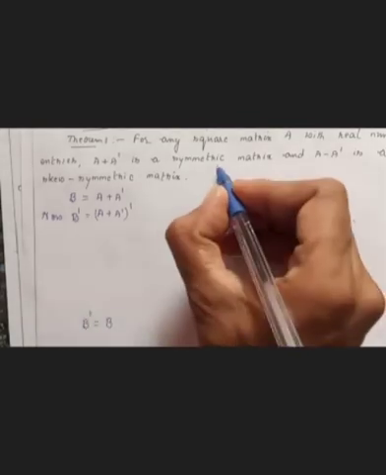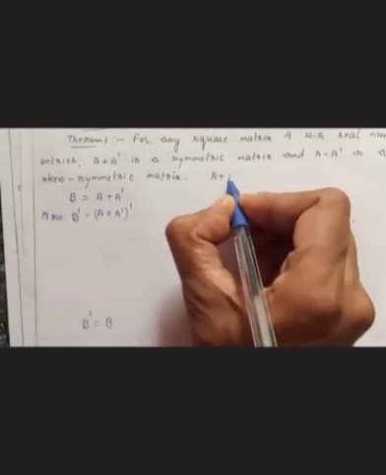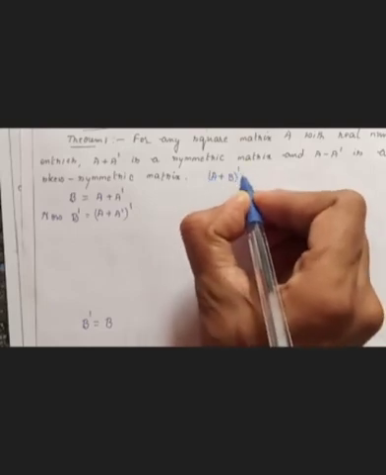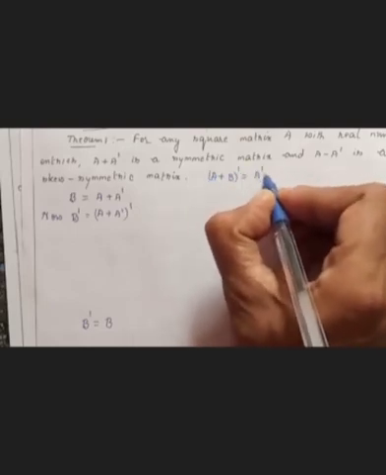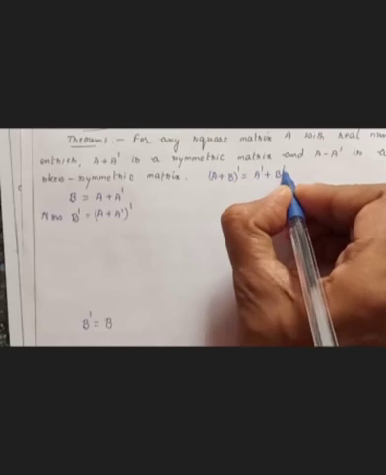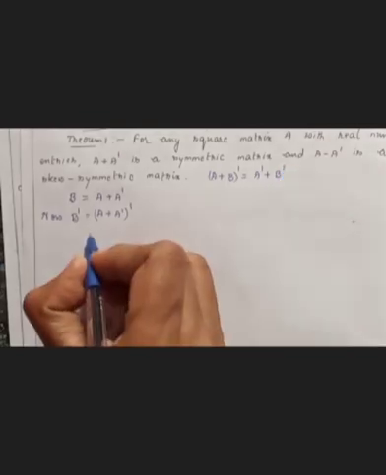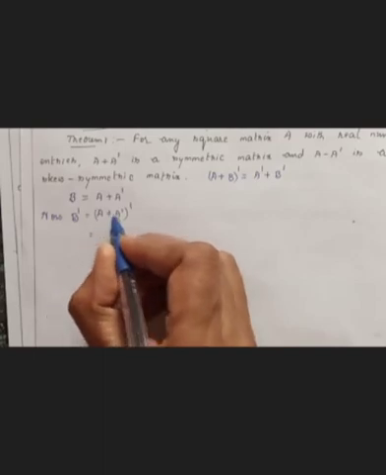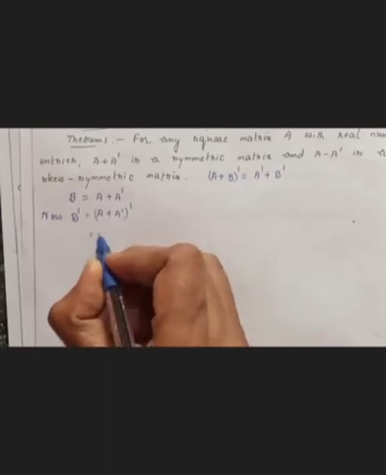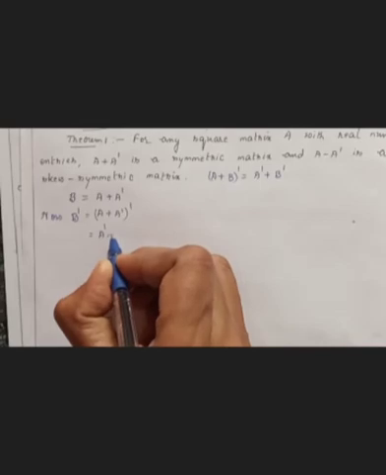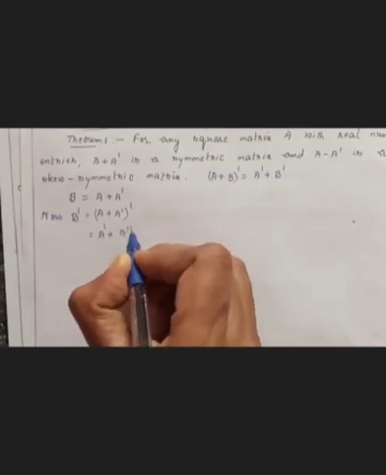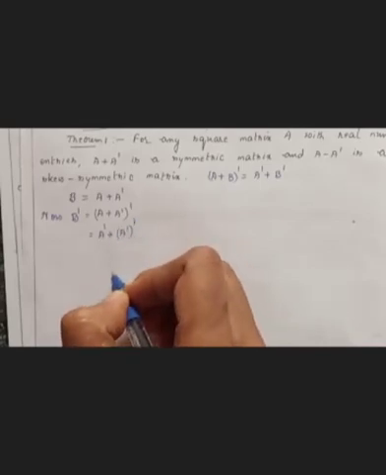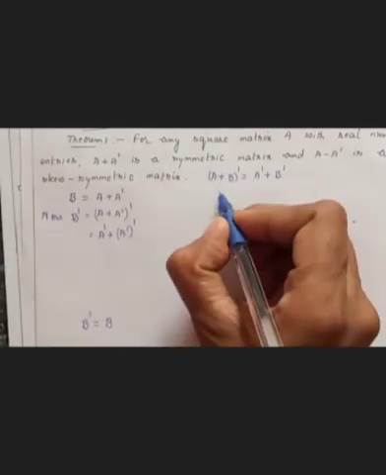We know the property A plus B whole dash is equal to A dash plus B dash. So by using this, A plus A dash whole dash can be written as A dash plus B dash.